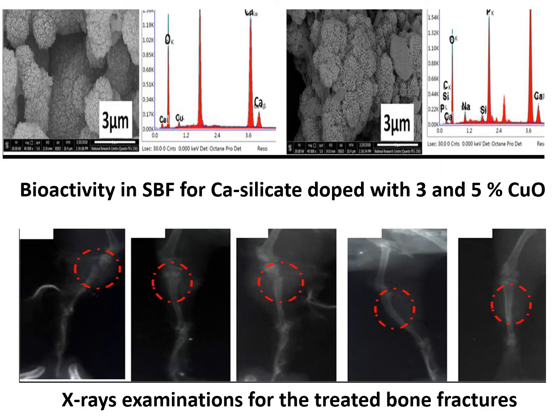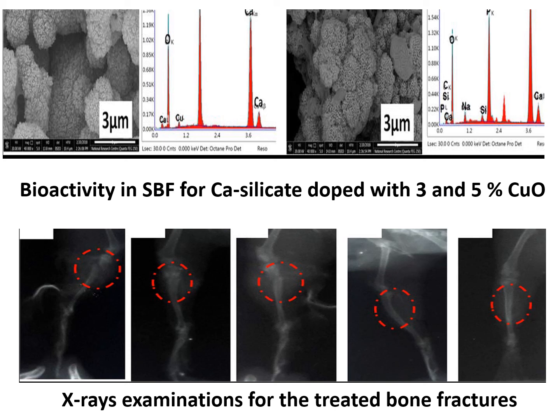Also, these samples doped with copper, we can see here the huge precipitation of calcium phosphate present on the surface of these nanoparticles.